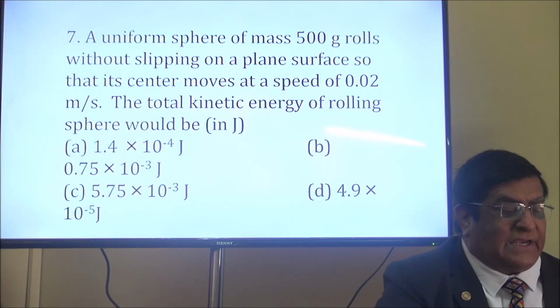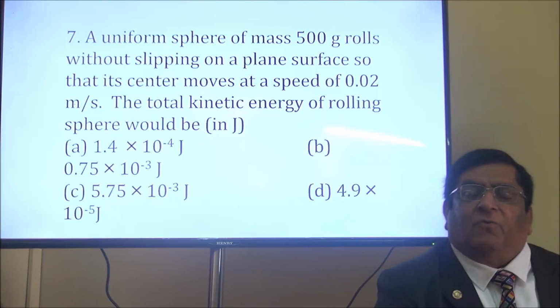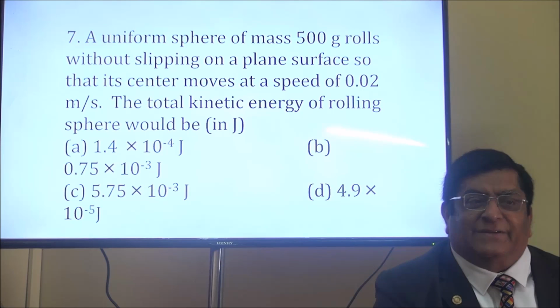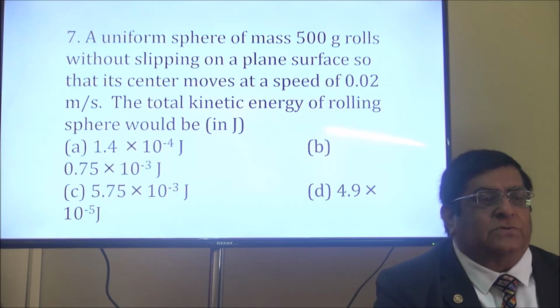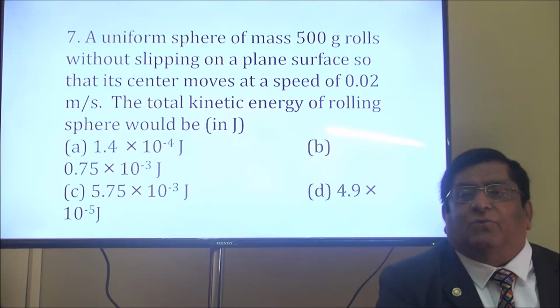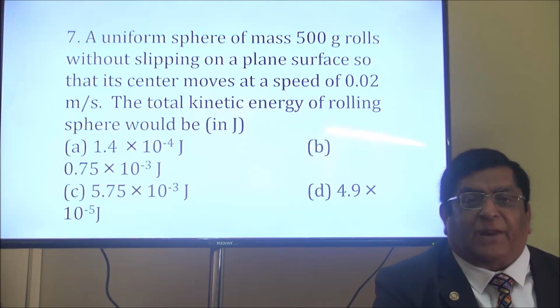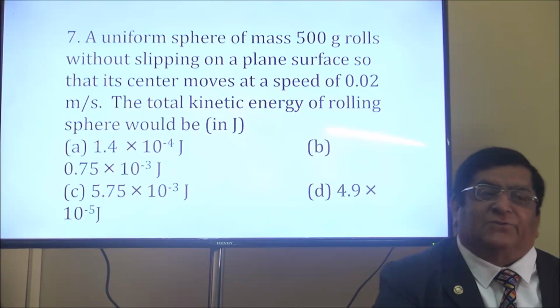The total kinetic energy of rolling sphere, that you have done yesterday. Please do it now. What type of energies will it contain? Linear as well as rotational. So what will be your initial formula? Half mv square plus half I omega square.